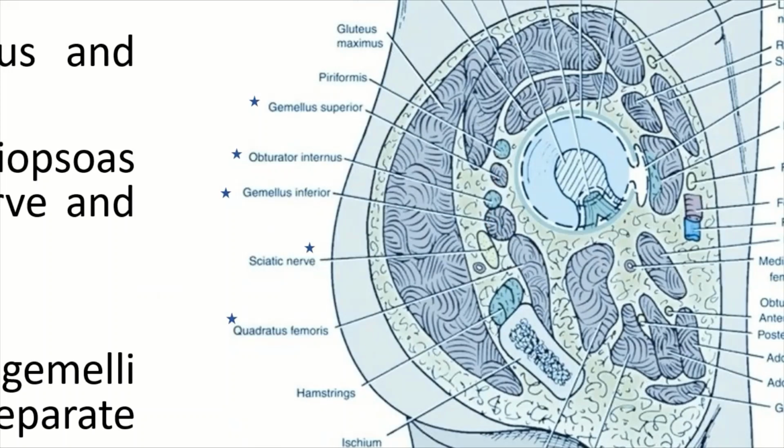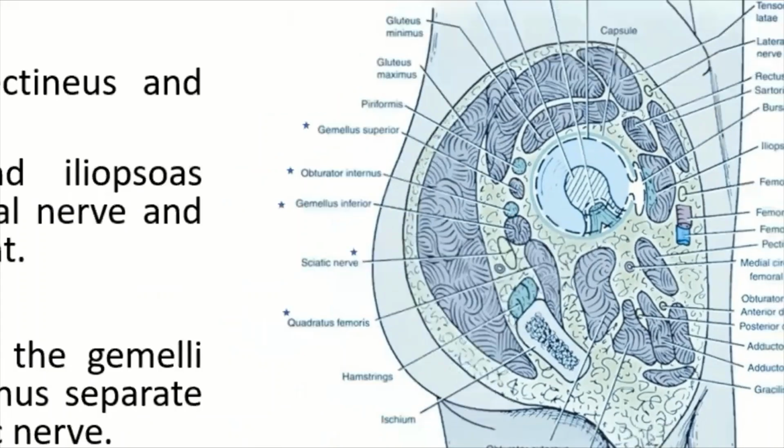So the gemellus superior and inferior, the obturator internus, and the quadratus femoris all separate the sciatic nerve from the joint. Very important.